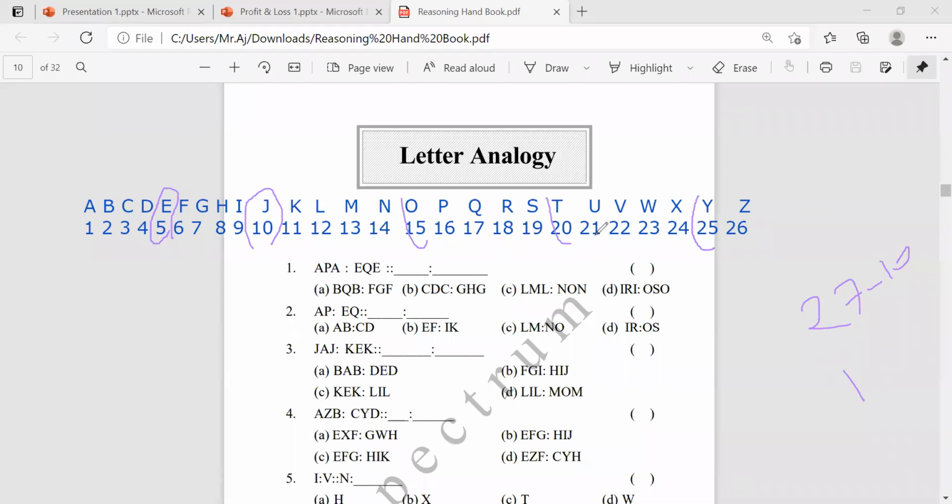So you can easily remember 5 letters and 5 numbers. Then ABCD, everyone knows up to 4, and H is similar to 8 only. So 9 you can remember, and F, S, many.